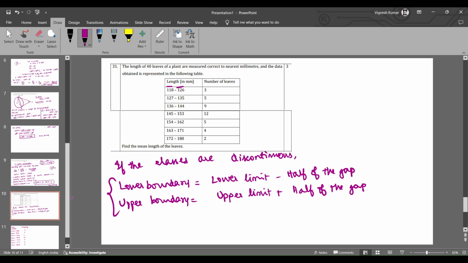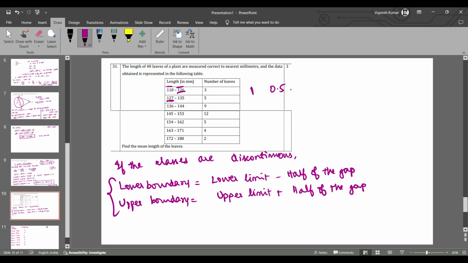Here the gap is 1, since it is 126 and the next value starts from 127, so half of the gap will be 0.5. So you will subtract 0.5 from the lower limit and add 0.5 to the upper limit in each class interval.